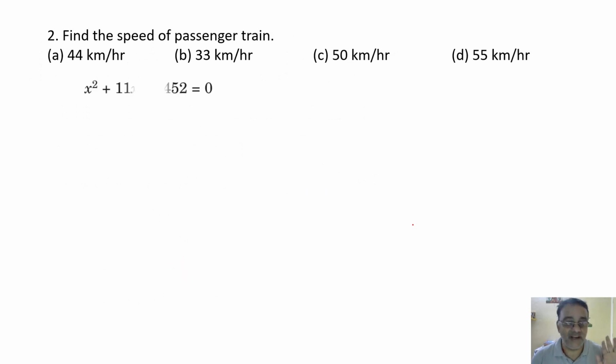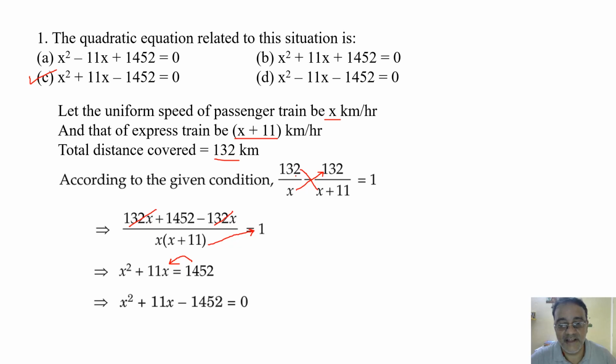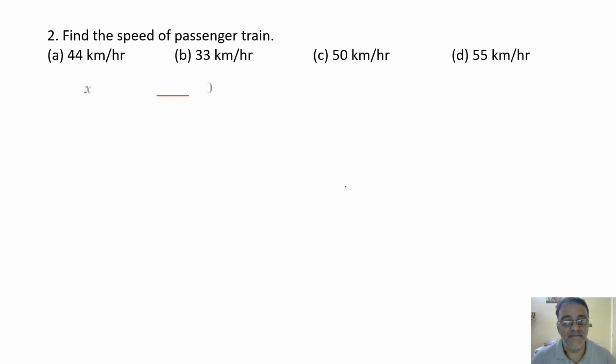Now the next question, find the speed of passenger train. तो हम लोग को solve करना पड़ेगा ये quadratic equation, right? So already ये product किसका किसका था, देखो question में 132 into 11 था, right? So 132 into 11, 132 को कैसे लिखोगे? 66 into 2 और 33 into 4 into 11, ठीक है, right?